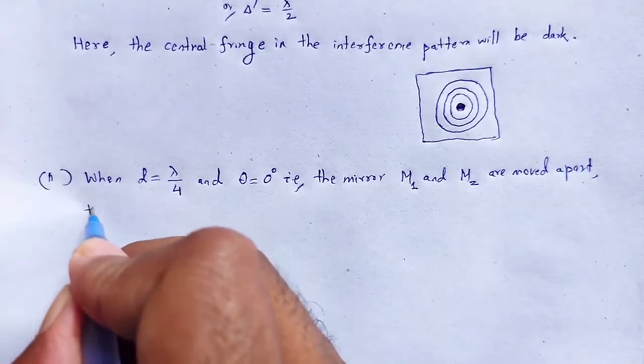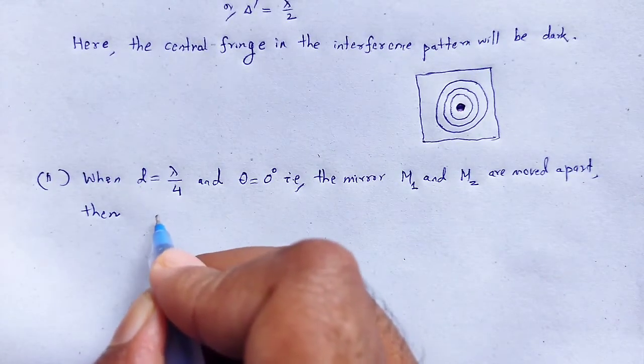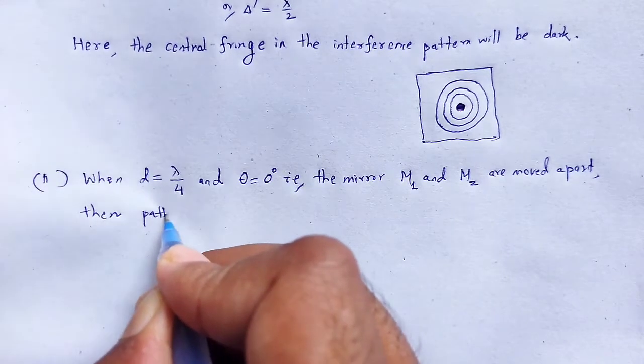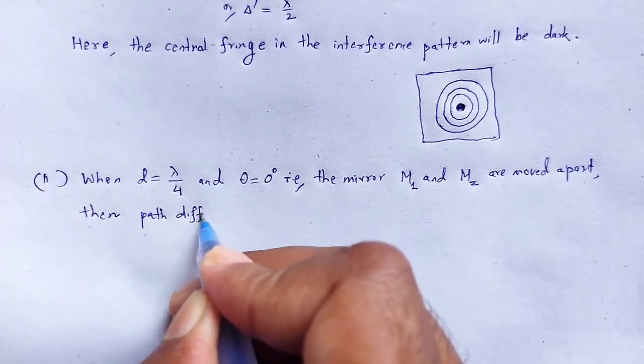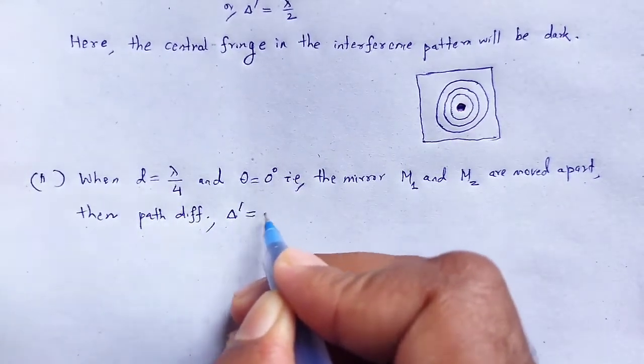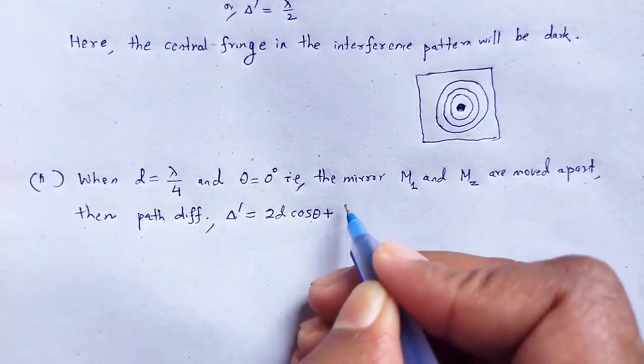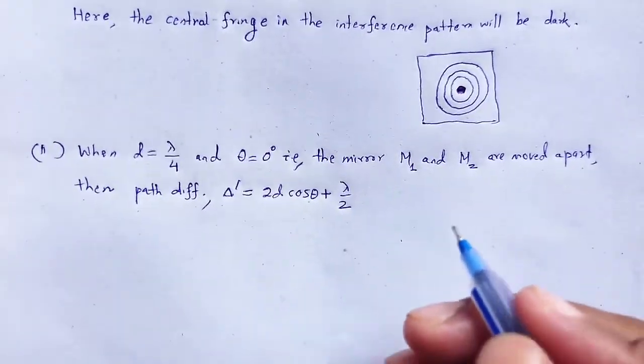Then the path difference delta dash is equal to 2d cos theta plus lambda by 2.